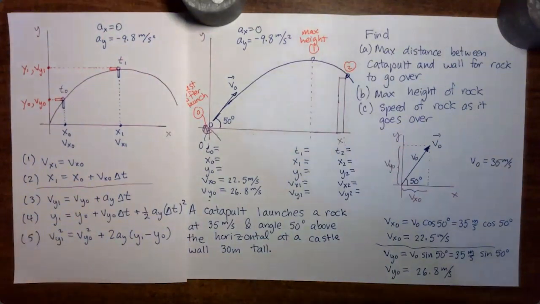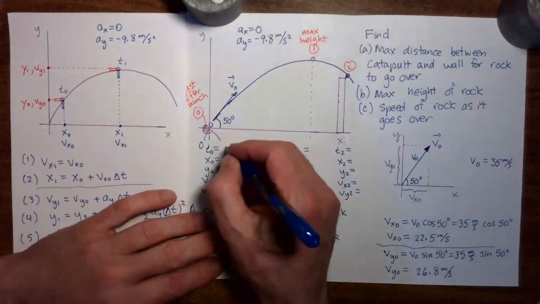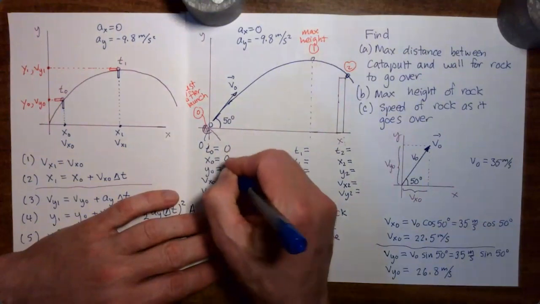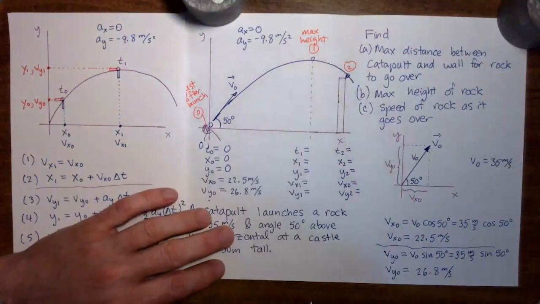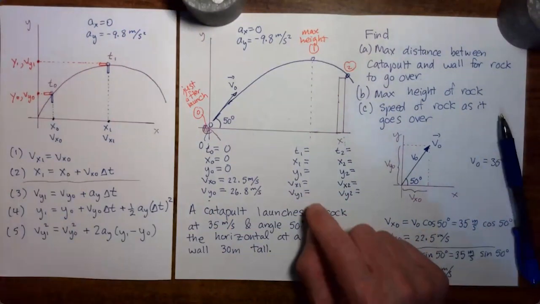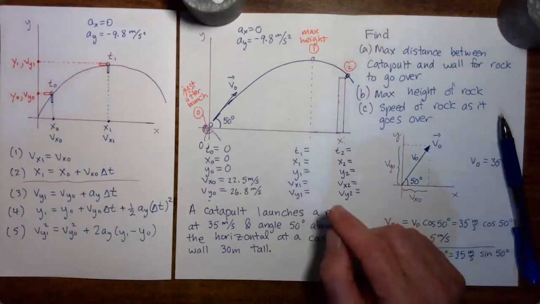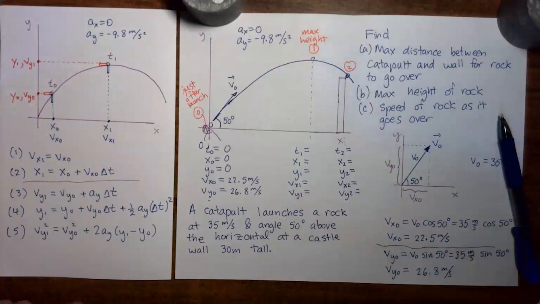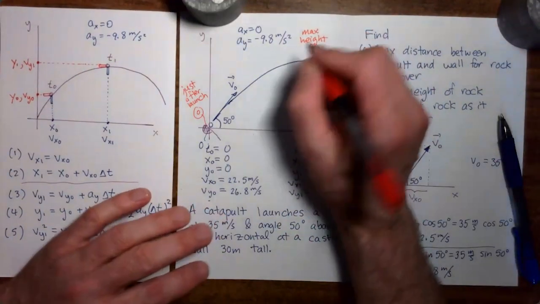Okay, let's see what else we can fill out. So we're going to assume that we launch at time 0. We're going to assume that we launch from the origin. Now, at moment 1 here, one thing we can figure out is the y velocity at moment 1. To get the y velocity at moment 1, think about that red flashlight concept I've mentioned in the previous videos.